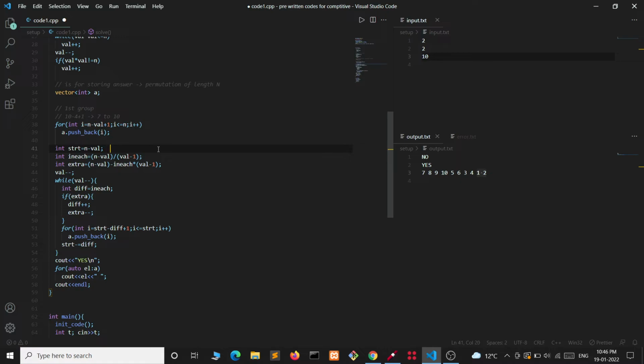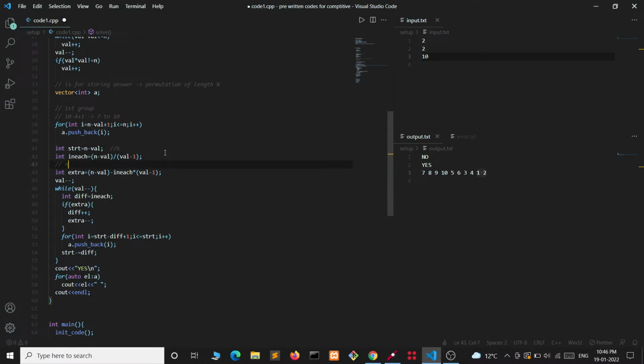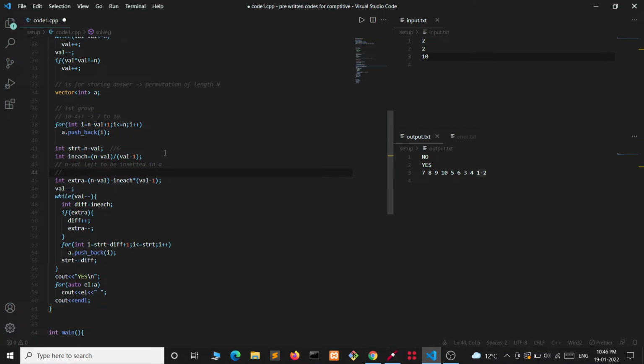After that start will become 6. After that we know that there are n minus well elements left to be inserted in A. And we also know that we have to form well minus 1 groups, because one group we have already formed here and well minus 1 groups are left.